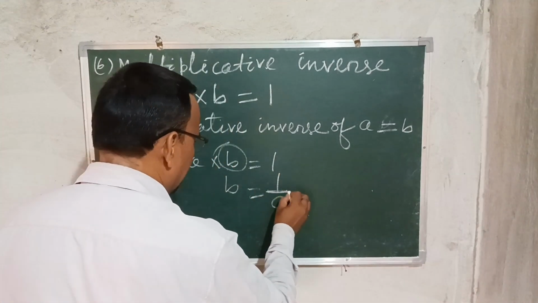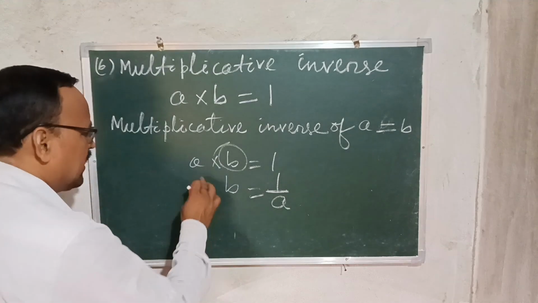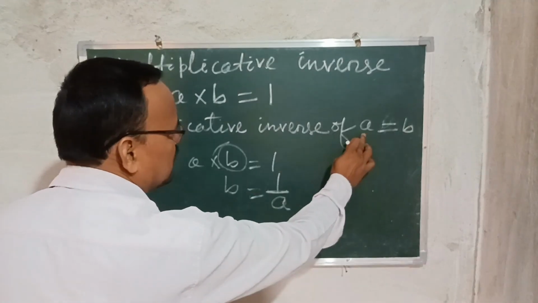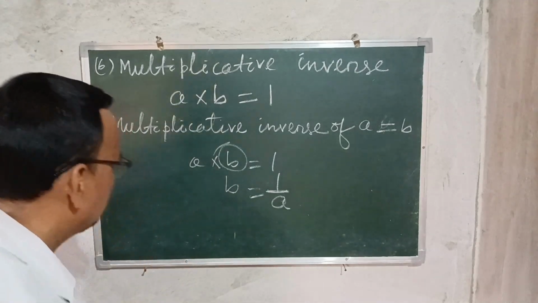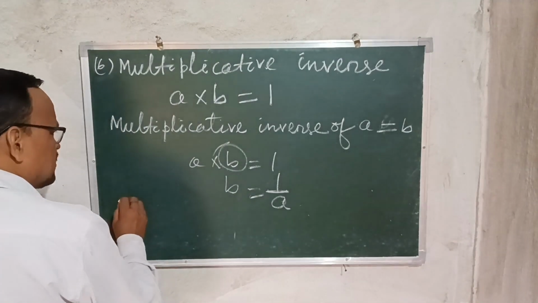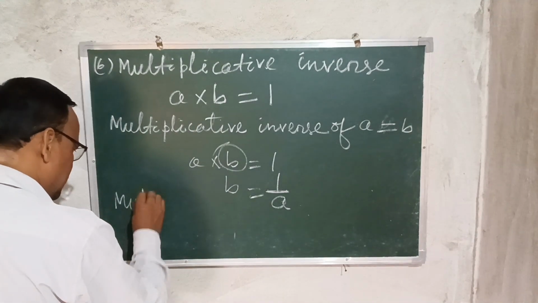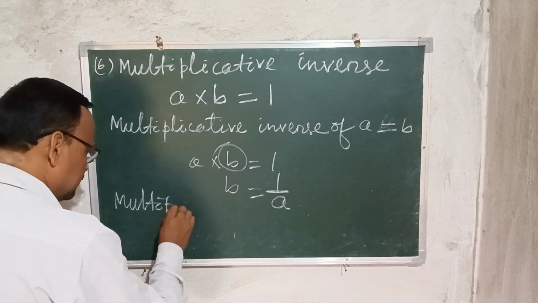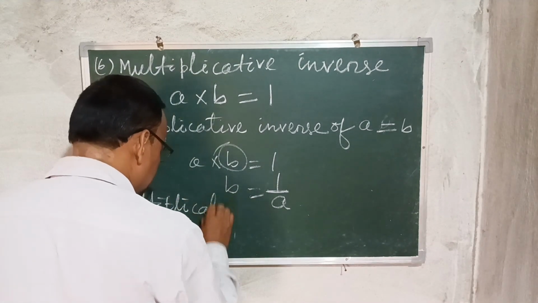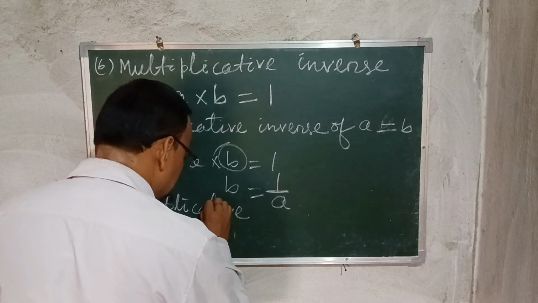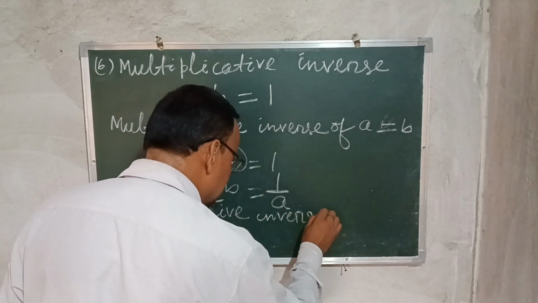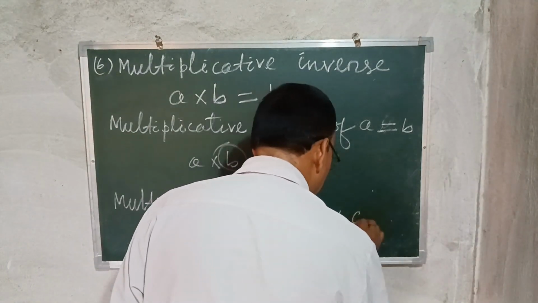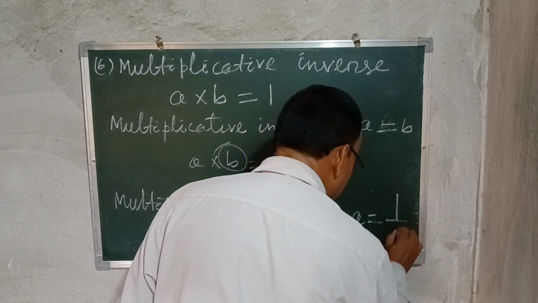From that we know the multiplicative inverse of a is equal to 1 by a.